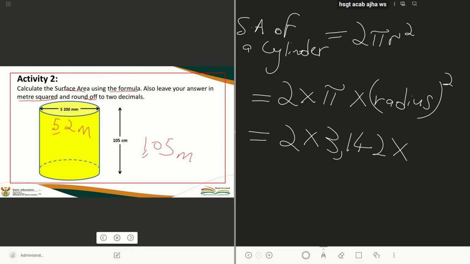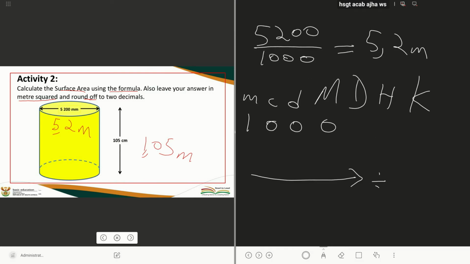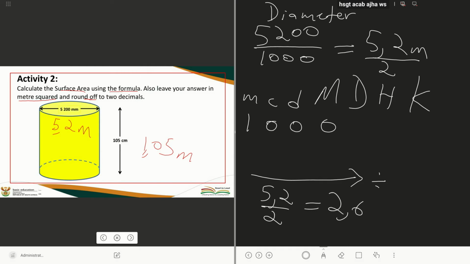Our radius, whereby here we are having our diameter. To get the radius, we take this diameter, we divide it by 2. So we are going to say 5.2 divided by 2, which is equals to 2.6 meters.